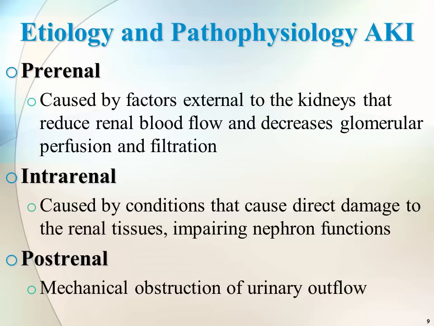Then we see the oliguric, sometimes a non-oliguric phase, but we're going to say the oliguric phase, where we have a decrease in urine production. At this point, BUN is way high, creatinine is rising, and the goal here is to support renal function until the cells can heal.